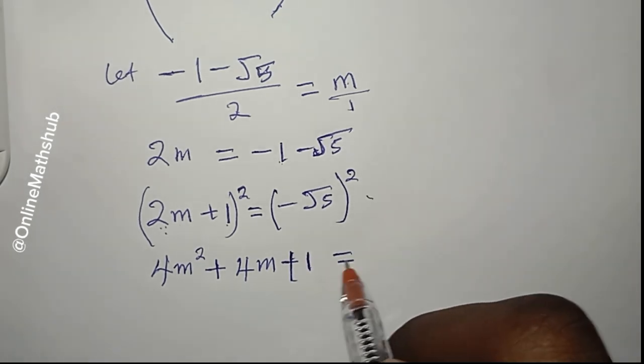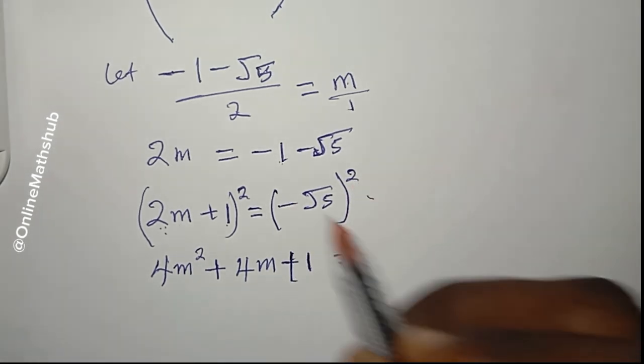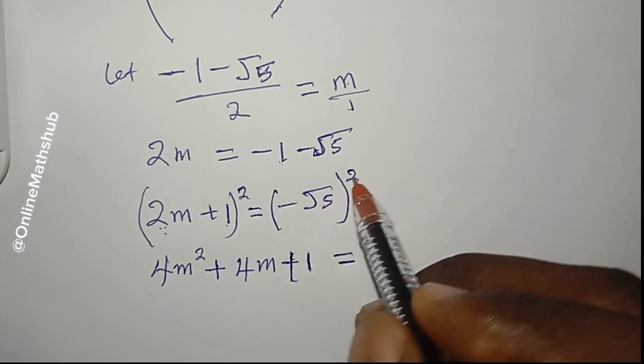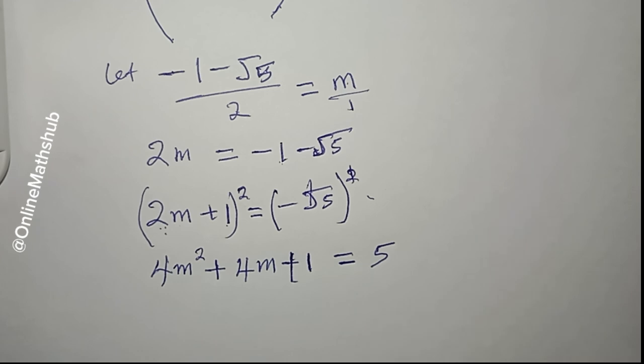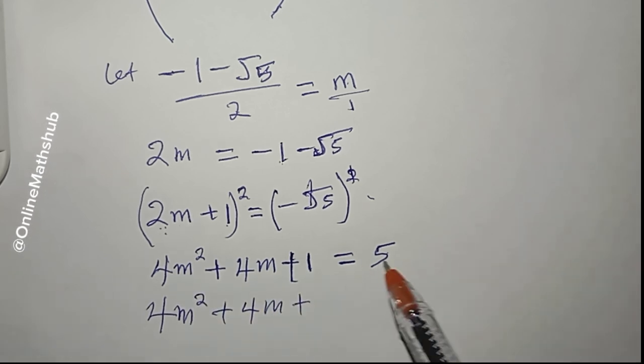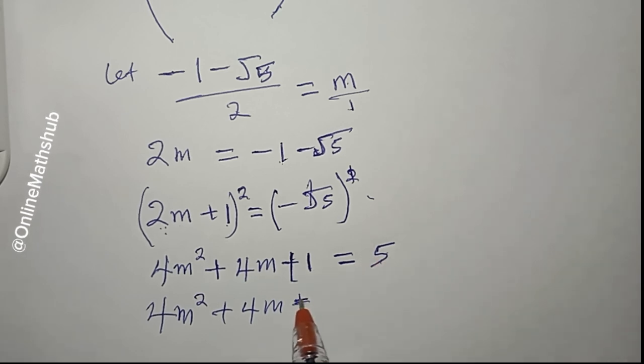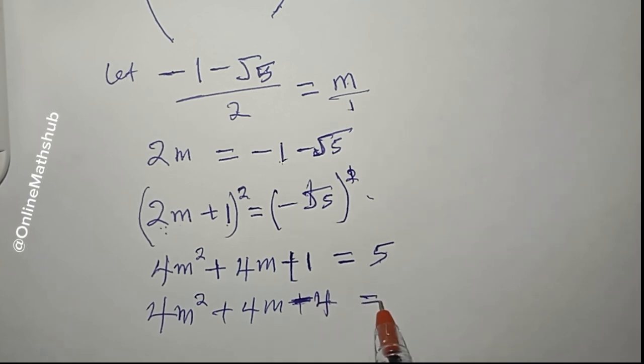The right side is the square of negative root 5, where the negative becomes positive and the square cancels the root, so I'm left with 5. Next, I bring this 5 to the left hand side. So I have 4m squared + 4m + 1 - 5, which gives negative 4, and this is equal to 0.